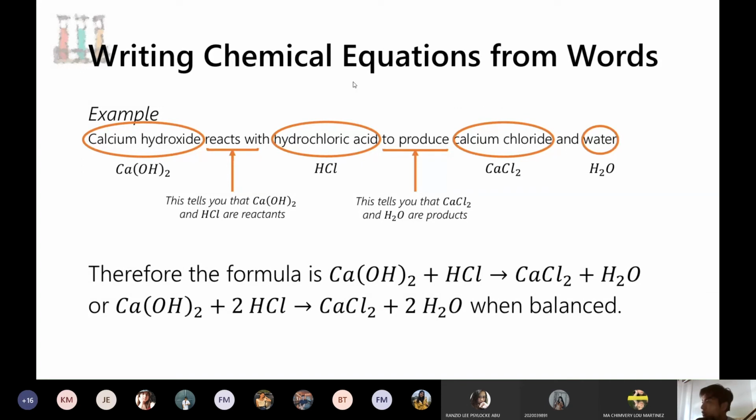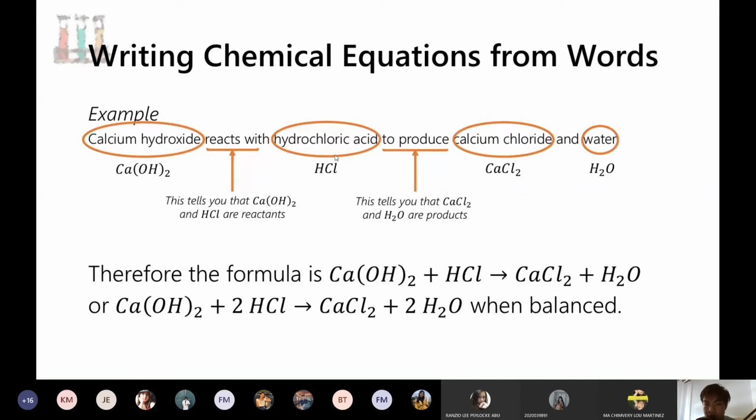No? So, in identifying kung sino yung reactant, sino yung product, meron tayong keywords. So, for example, reacts with. So, if you see the word reacts, meaning non-reactant yon. Yung with, ibig sabihin, kasama niya sa reactant. No? So, it means calcium hydroxide and hydrochloric acid are the reactants.